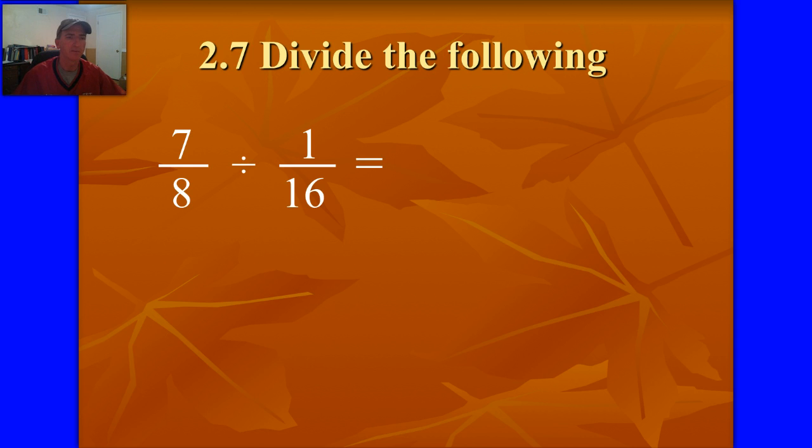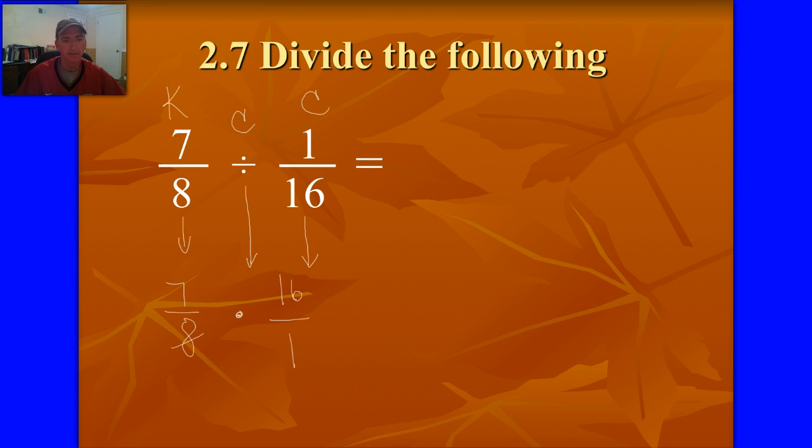Let's look at another one. Okay, remember, keep, change, change. Keep this number, 7/8. Change this to multiply. Remember, dot means multiply. Change this to its reciprocal, 16/1. Okay, you now have a multiplication problem. Look for common factors.